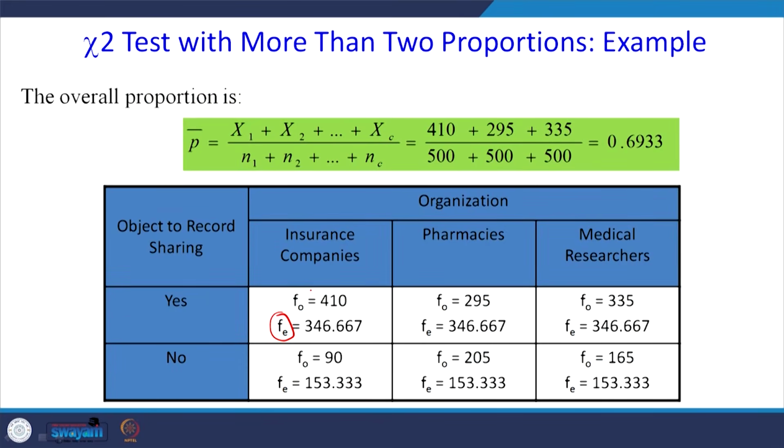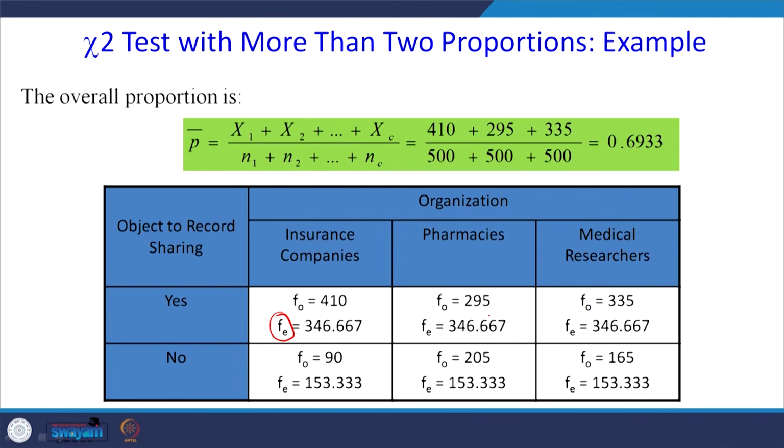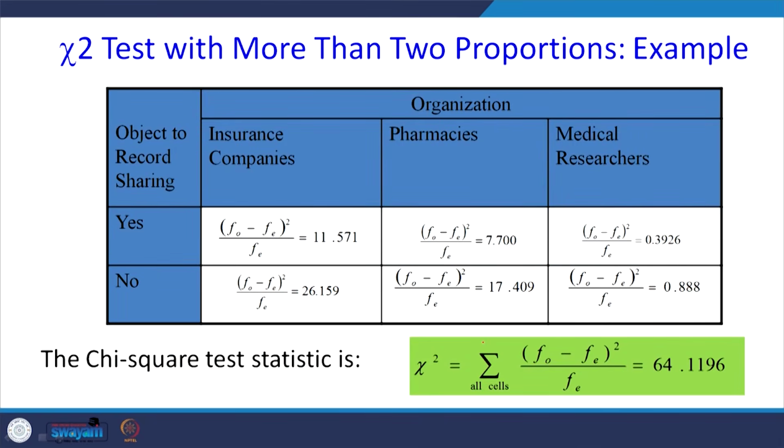That value will be 346.667. Similarly, for the second data set it is 1040 multiplied by 500 divided by 1500. That data is your 346. This way you can find the expected frequency.